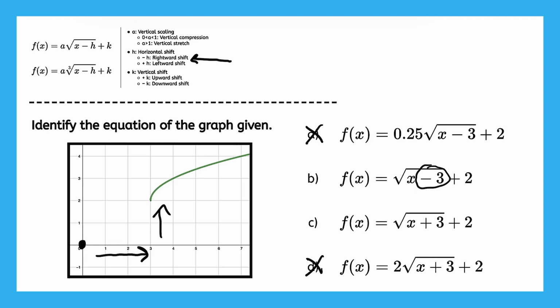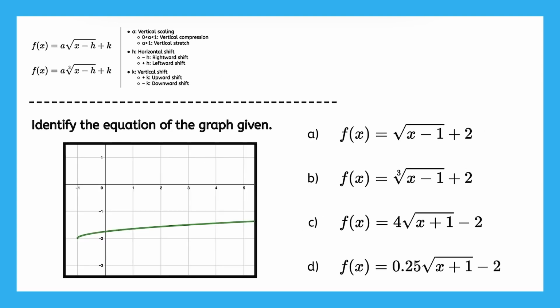And an upward shift tells me that we're going to have a plus k, which applies to both B and C. But because we have minus 3 only in B, that needs to be the answer. Just so we're all clear, this plus 3 would indicate a shift to the left 3 units, but we know that this graph is shifted to the right 3 units, and of course up 2. All right, let's do another.